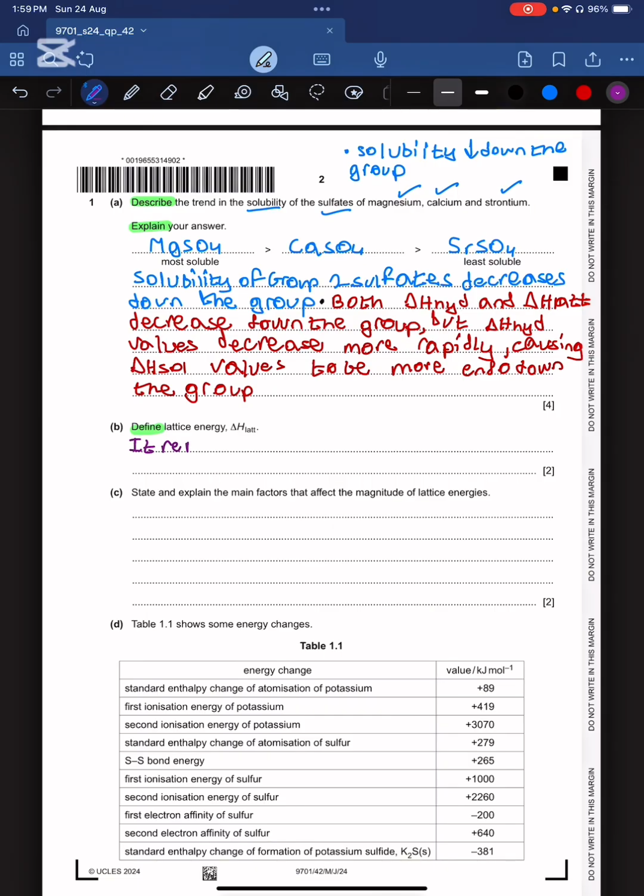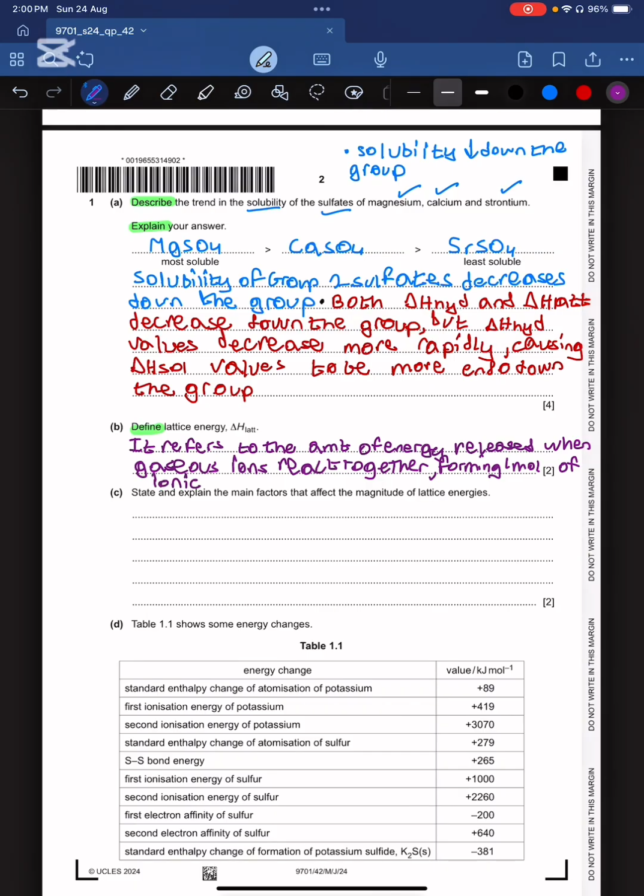It refers to the amount of energy released when gaseous ions react together, forming one mole of ionic solid.